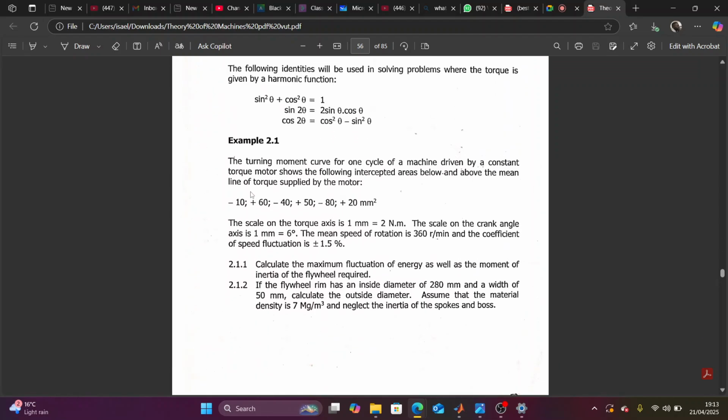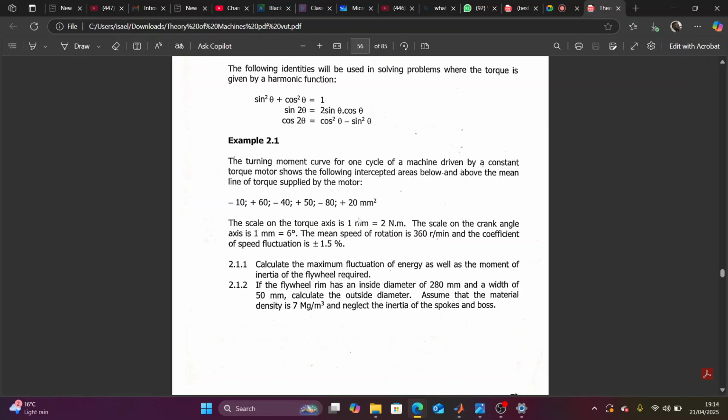It says that the turning moment curve of one cycle of a machine driven by a constant torque motor shows the following intercepted areas below and above the mean torque. We are given a scale: 1 millimeter is equal to 2 Newton meter, and the scale on the crank angle is 1 millimeter equal to 6 degrees.